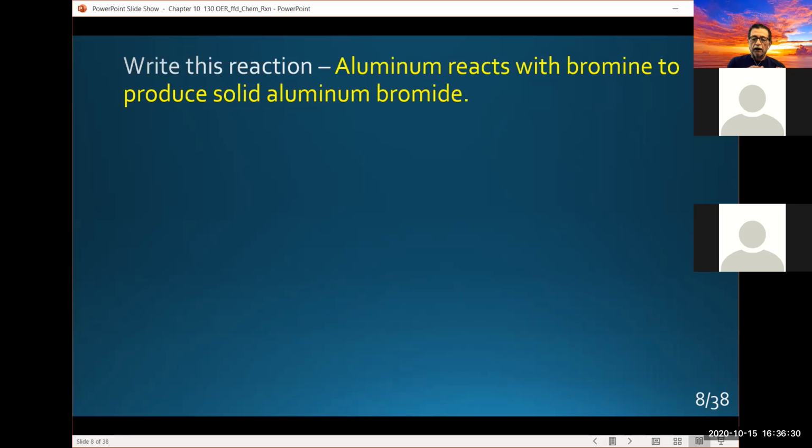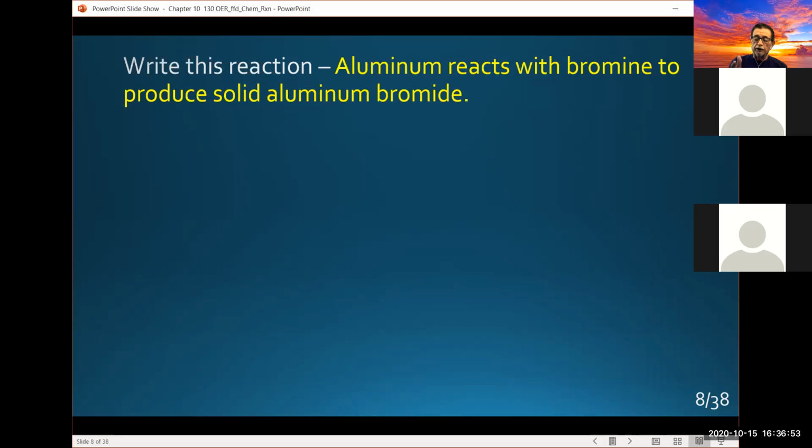It's very important that we read it properly, because remember, all the nonmetals change their name once they become ionic. All right. So here we have: aluminum reacts with bromine to produce solid aluminum bromide.